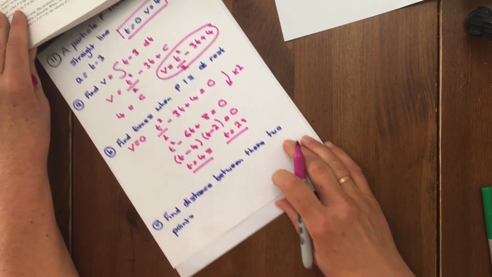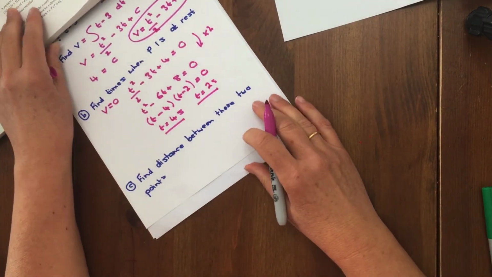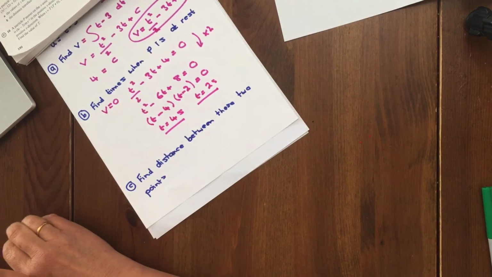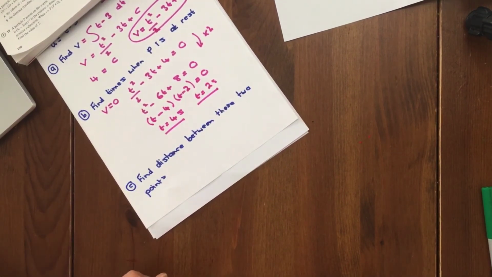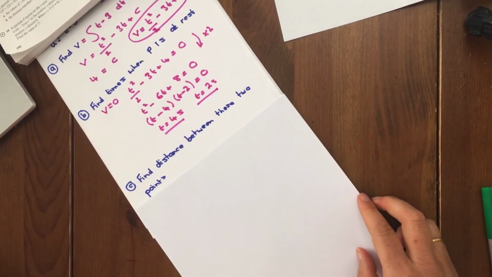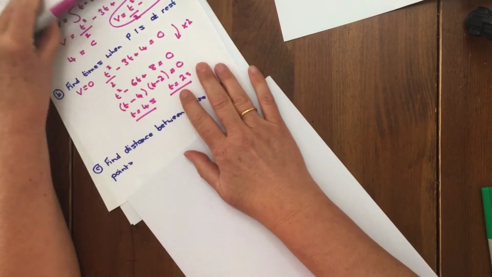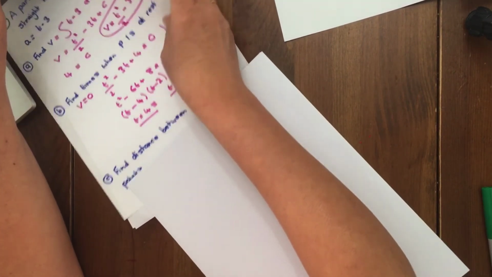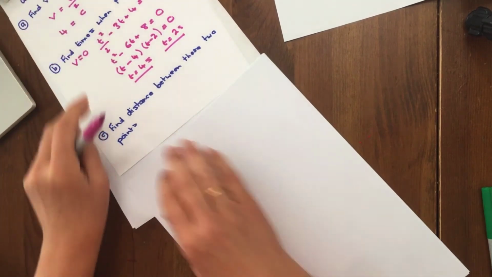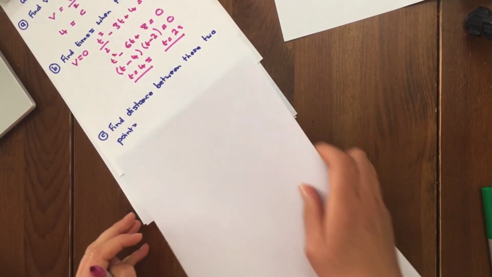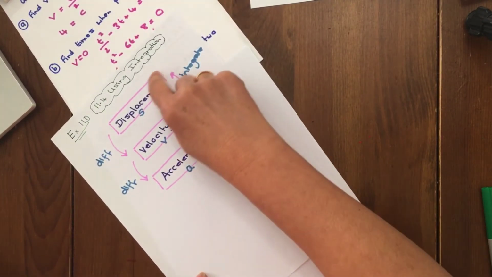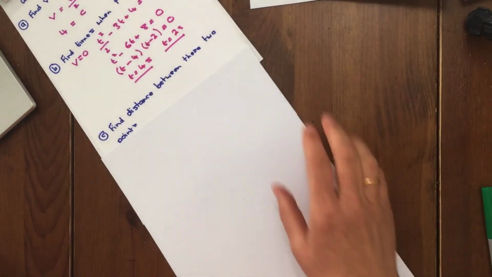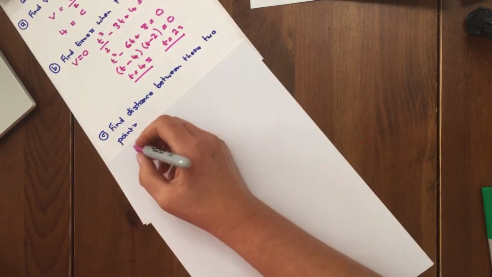And the last question says find the distance between these 2 points. Right, so we haven't actually come across a question like this yet, so this is new. Find the distance between these 2 points, so a slightly new concept here. Now I have got my velocity, and to get my displacement I need to integrate. So let's do that first.